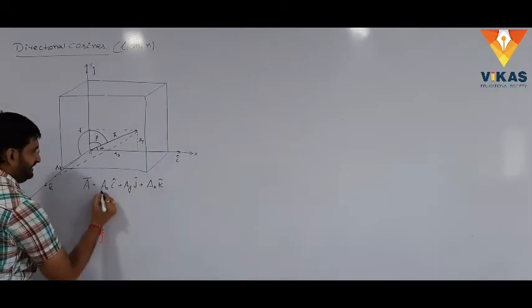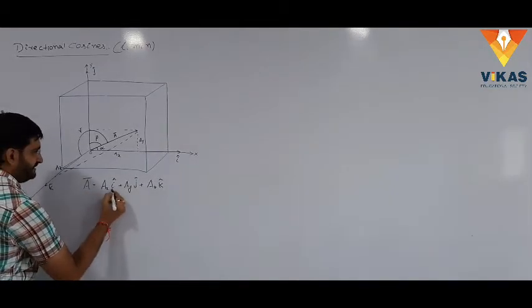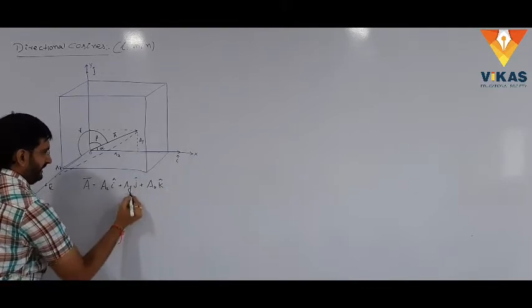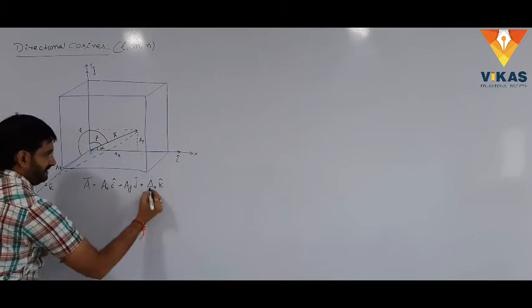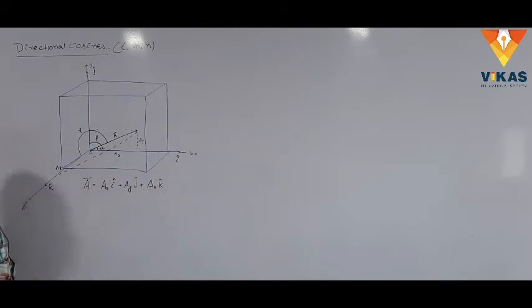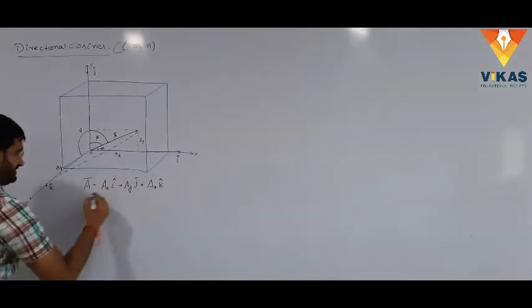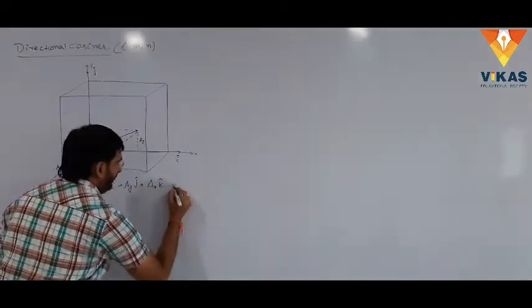The length of the vector on the x-axis is ax, i cap is the direction. The length on the y-axis is ay, j cap is the direction. The length on the z-axis is az, k cap represents the direction. Here this is the vector form.